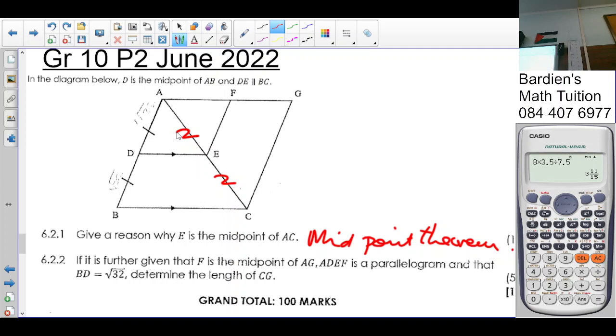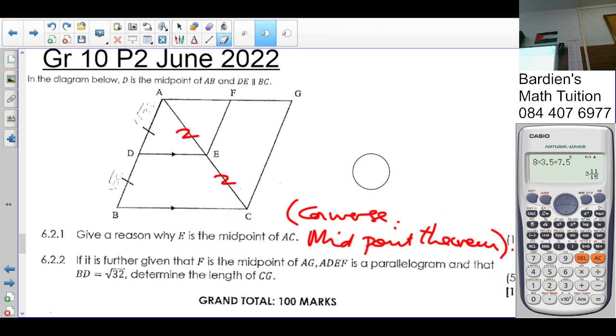It's actually the converse of the midpoint theorem. If you say midpoint theorem, that means the midpoint of one side is connected to the midpoint of the other. However, since we use a parallel line and a midpoint, it has to be the converse of the midpoint theorem.